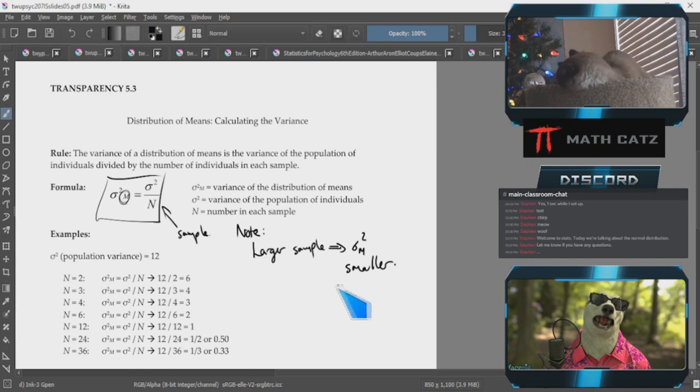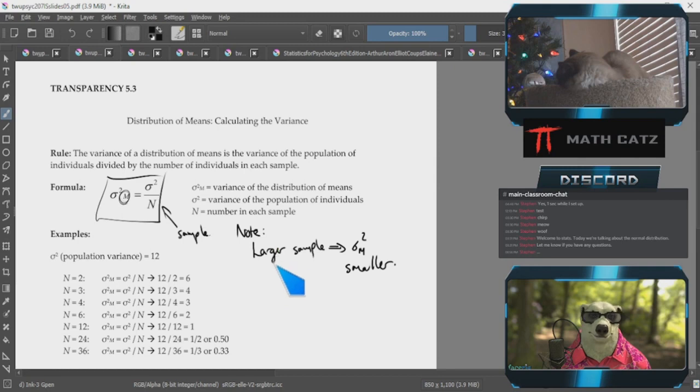Because I'm taking a larger and larger sample, sort of drifting towards, but never getting there, drifting towards the whole population. The variation between samples is going to be less and less. It's going to be more smoothed out because I include more individuals. And this relationship fits that observation, rather.